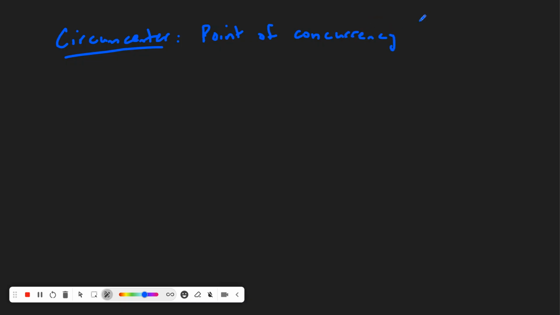And this point of concurrency is just a fancy word for the point of intersection of the perpendicular bisectors of a triangle.